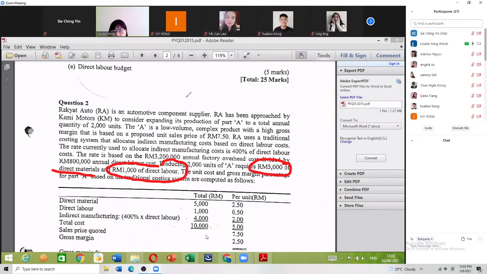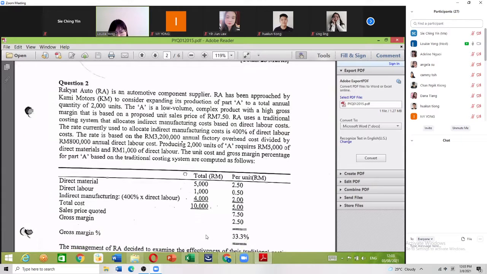The unit cost and gross margin percentage for part A will be based on traditional costing, computed as follows. So it has been calculated for you.